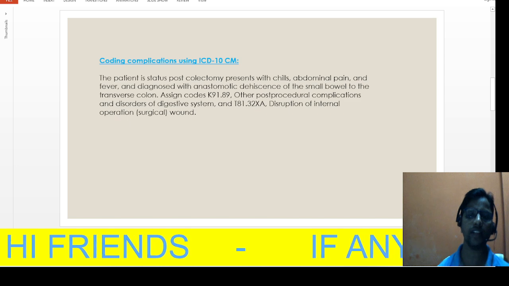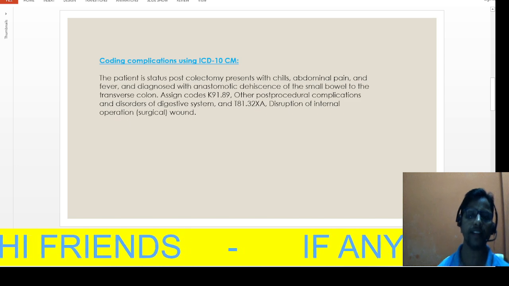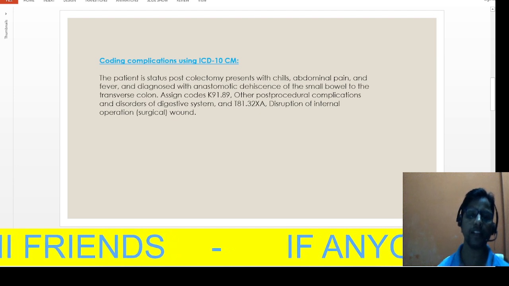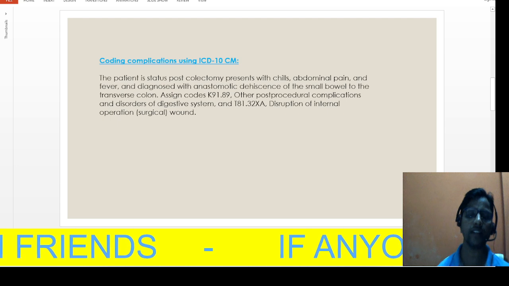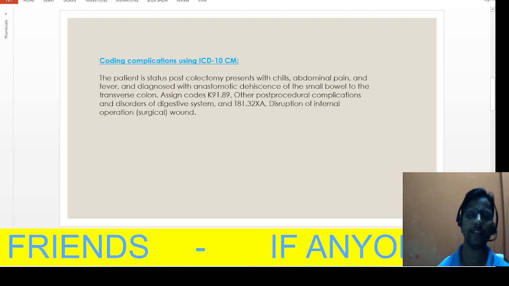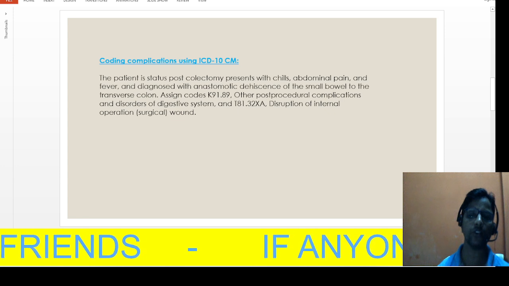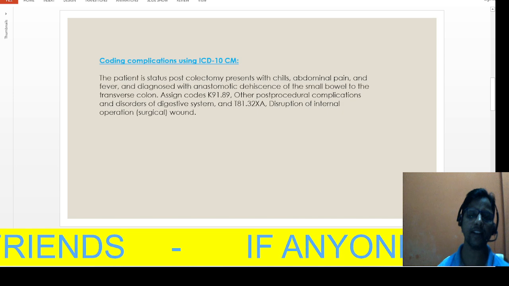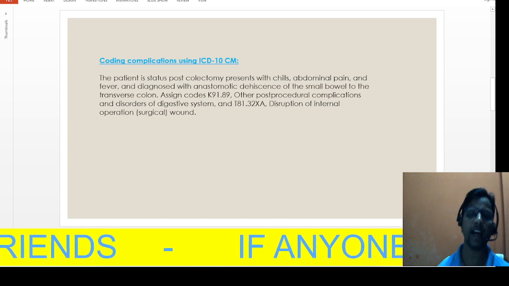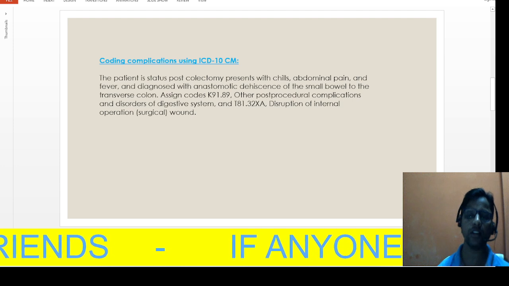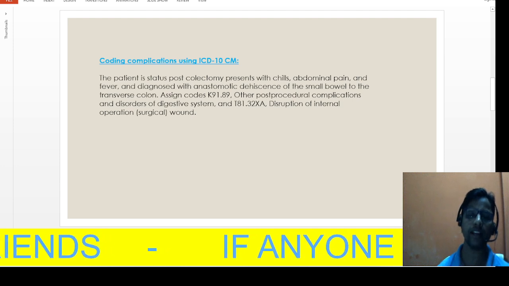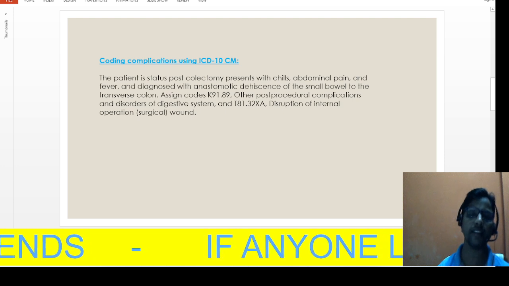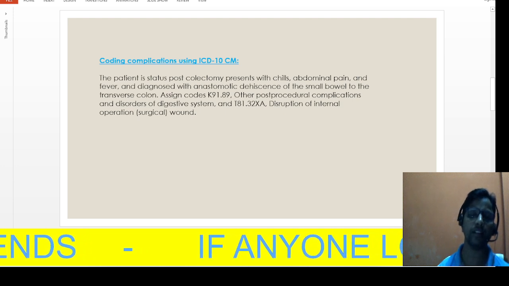The first is for postprocedural complication and disorders of digestive system, and the second is for disruption of internal operation wound. For example, if the patient has a cardiovascular condition, we code other postprocedural complication and disorders of cardiovascular system, and along with that, we code the specific complication that occurred due to this previous procedure. So this is the example scenario for complication.